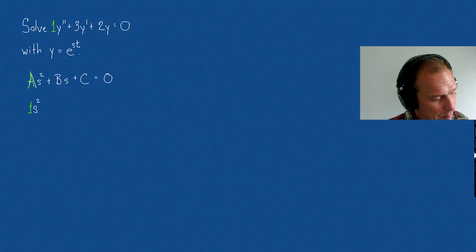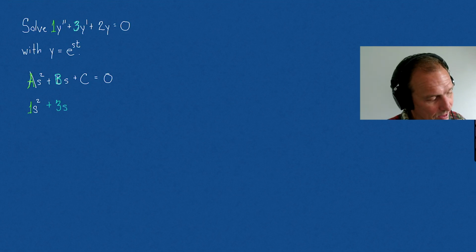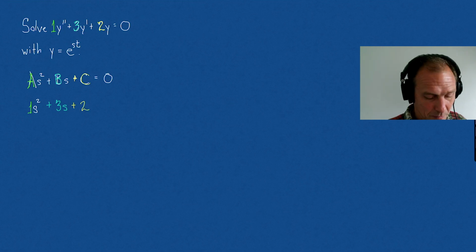Here's the b. That's the 3. So the b is the 3. So plus 3s. And finally, the c. C is the 2, the coefficient of the y. So plus 2 equals 0.